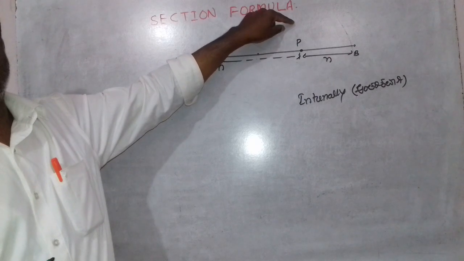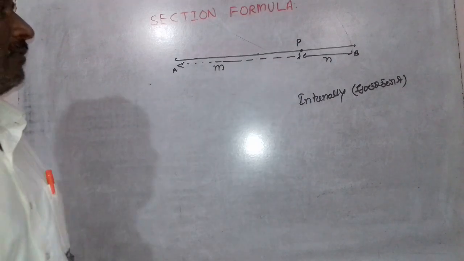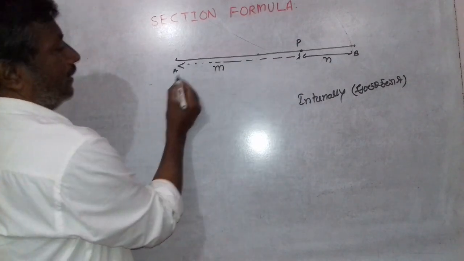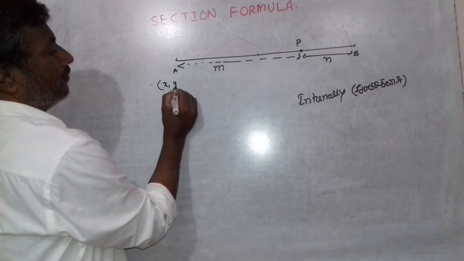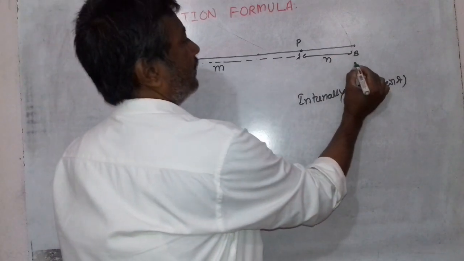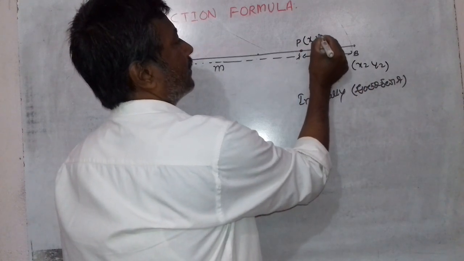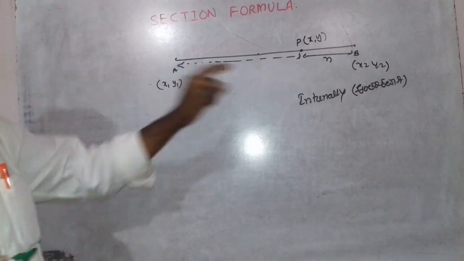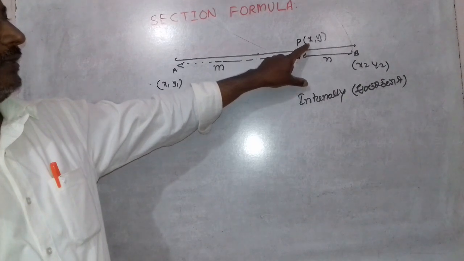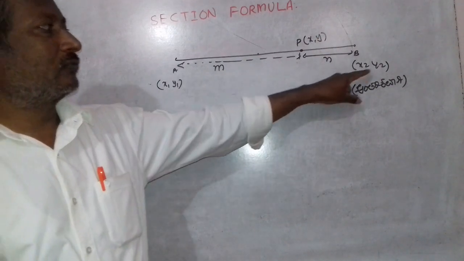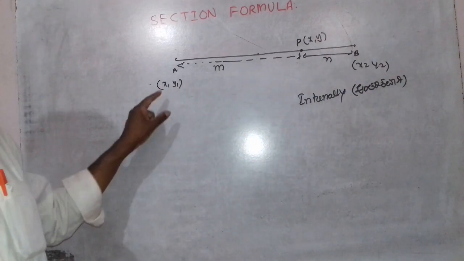Let A be (x1, y1), B be (x2, y2), and P be (x, y).